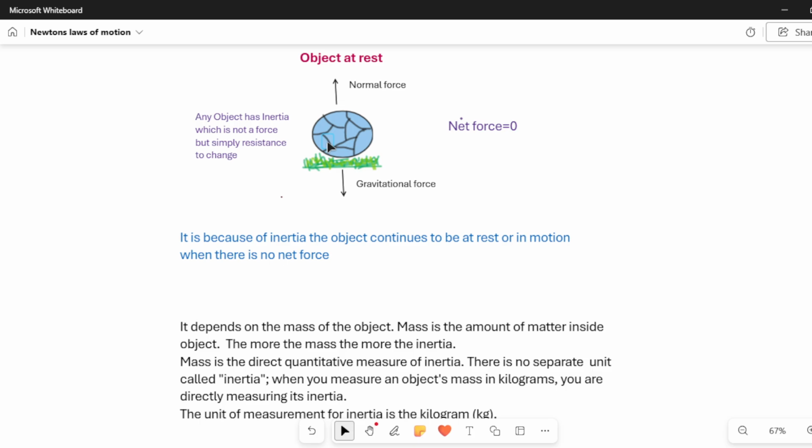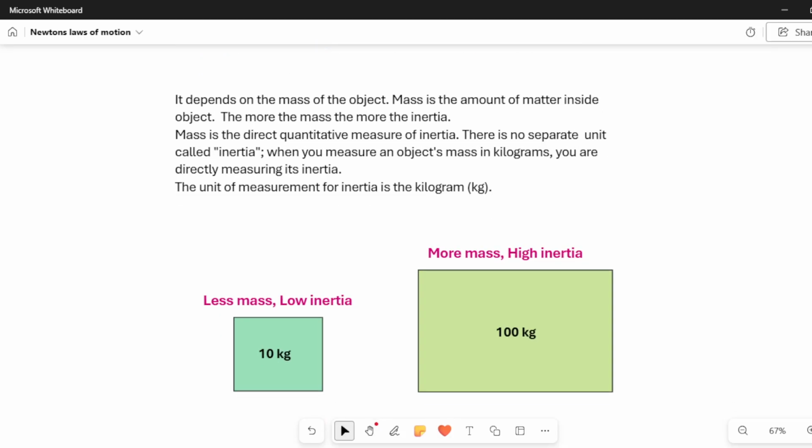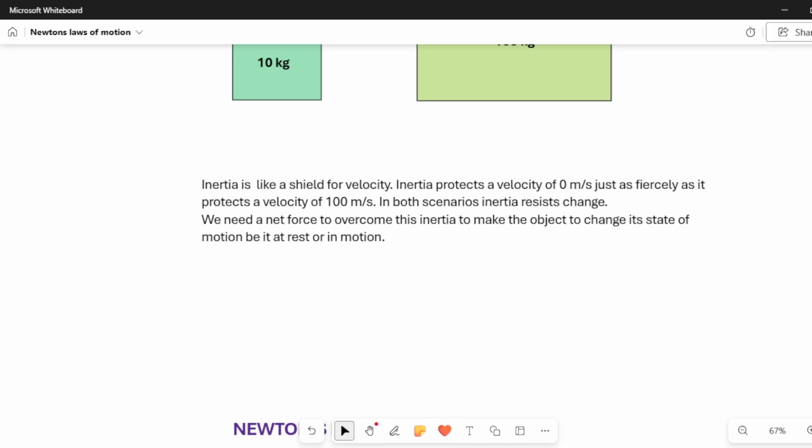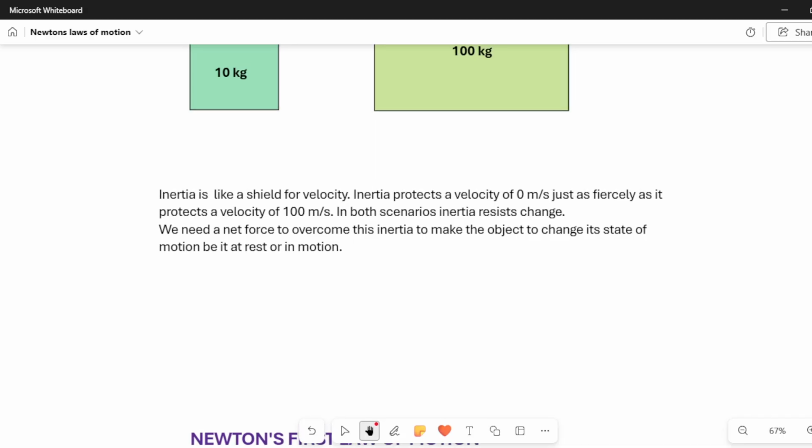So now you have understood what inertia is and the importance of inertia. So if you see, this inertia is present when the object is at rest as well as when the object is in motion. So inertia is present in all these cases.